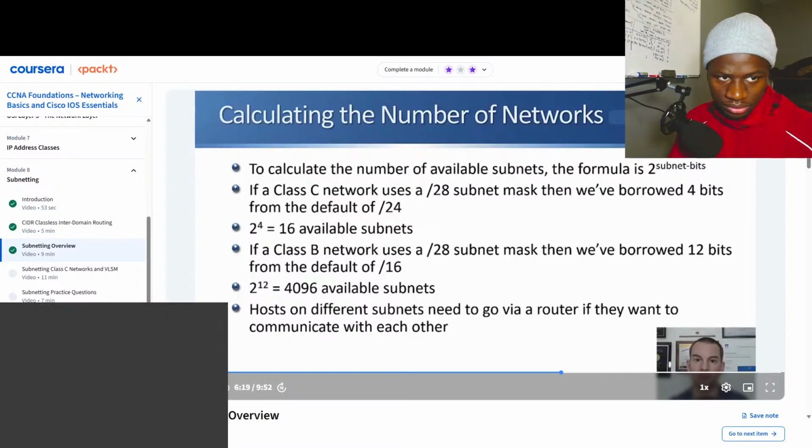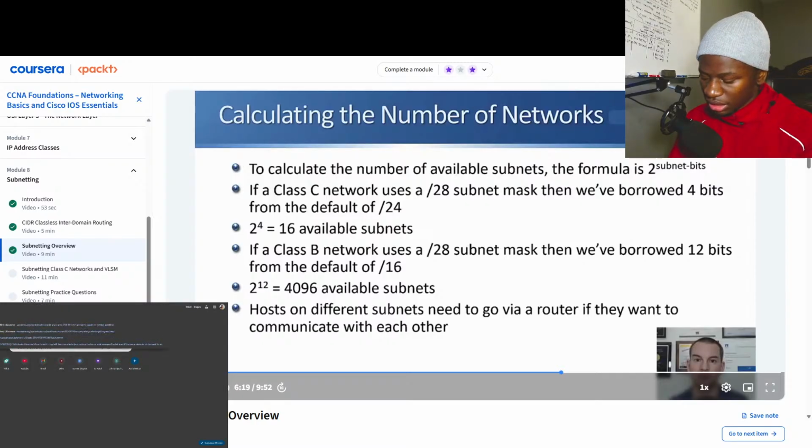Okay, so here, if a class B network uses a /24 subnet mask, how many bits has it borrowed from the default /16?